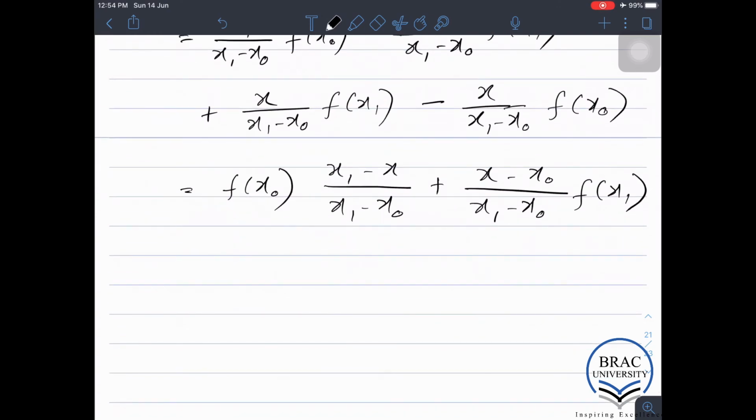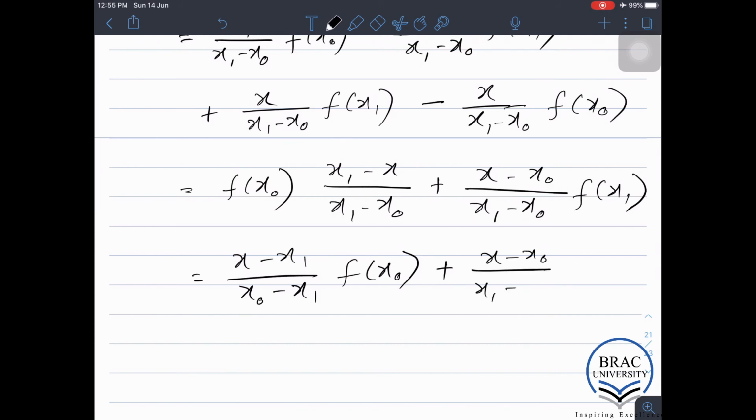I can take a common sign out, so it would be x minus x1 divided by x0 minus x1, f of x0, plus x minus x0 divided by x1 minus x0, f of x1.